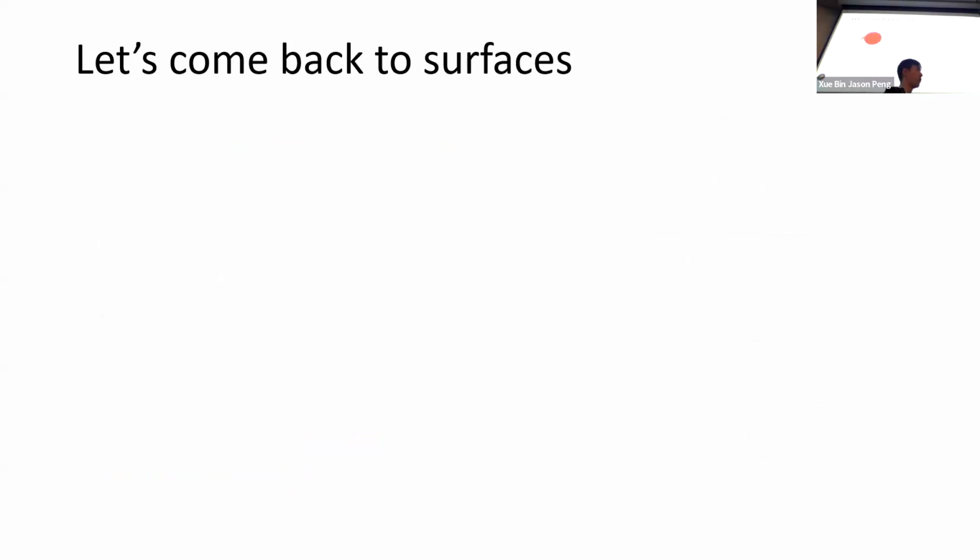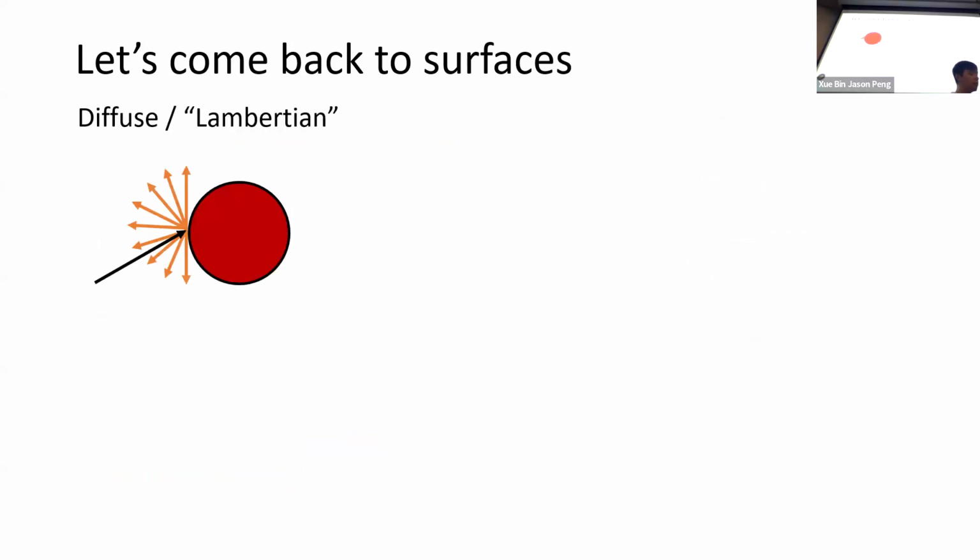The Lambert model that we've looked at so far is a model for simulating how light interacts with a specific type of surface. These surfaces are sometimes referred to as Lambert surfaces or diffuse surfaces, and they represent very rough objects. Think of something like concrete. When light hits these very rough surfaces, it reflects off roughly uniformly in all directions.